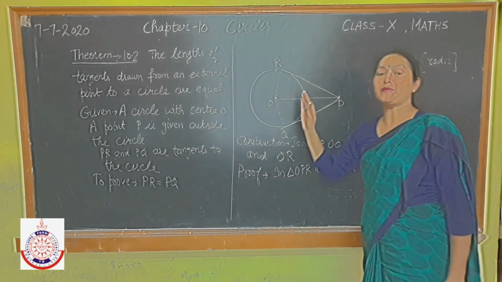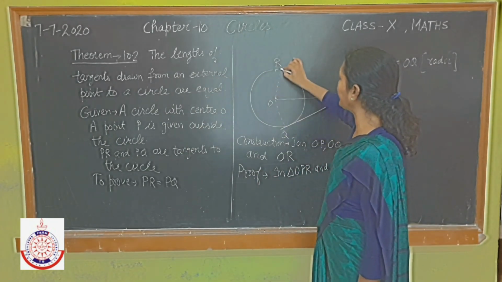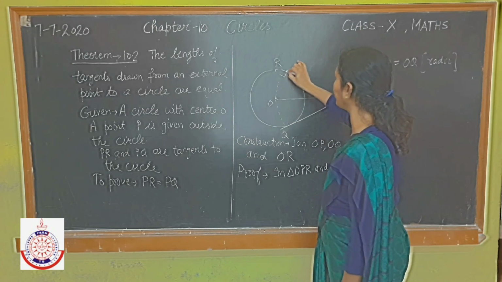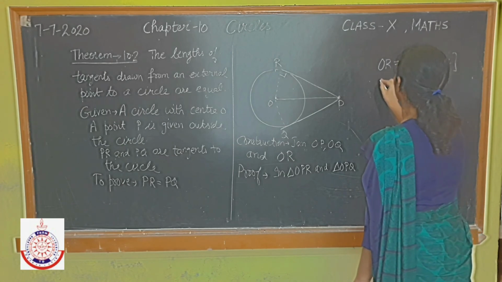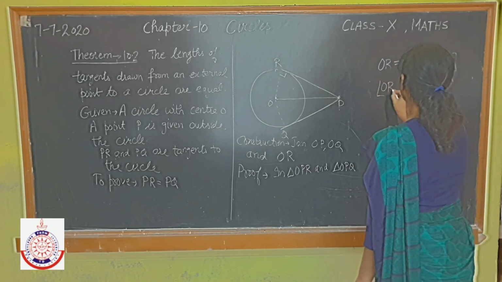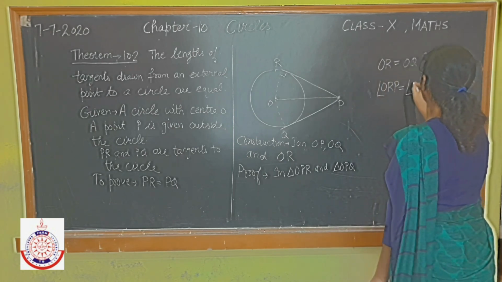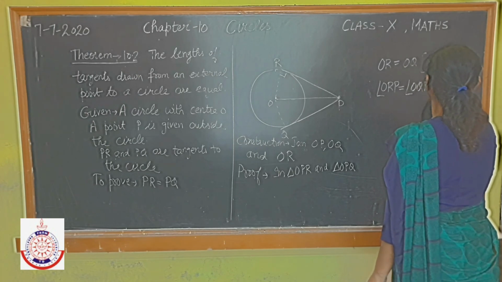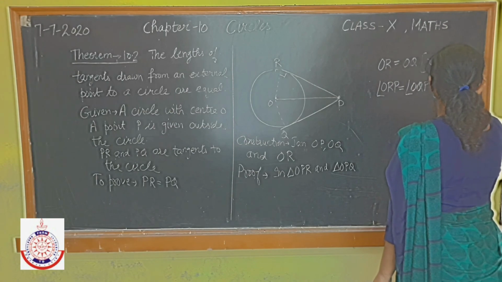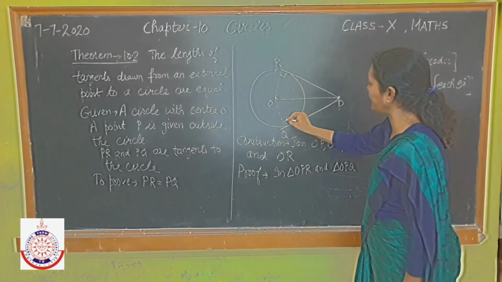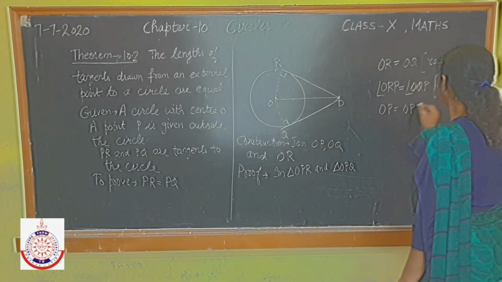Then, in theorem 10.1, we have done that the angle between the radius and the tangent is 90 degrees. This angle ORP is equal to angle OQP, each 90 degrees. And moreover OP is common. OP equals OP, common.